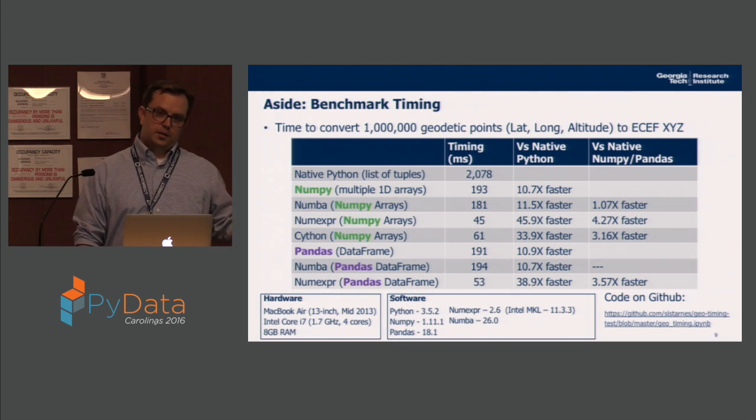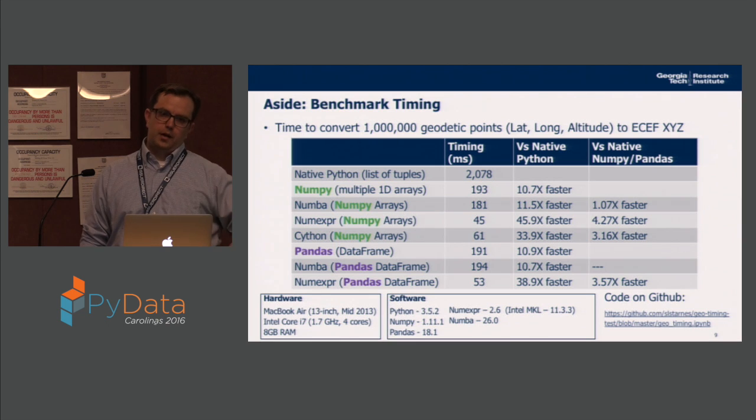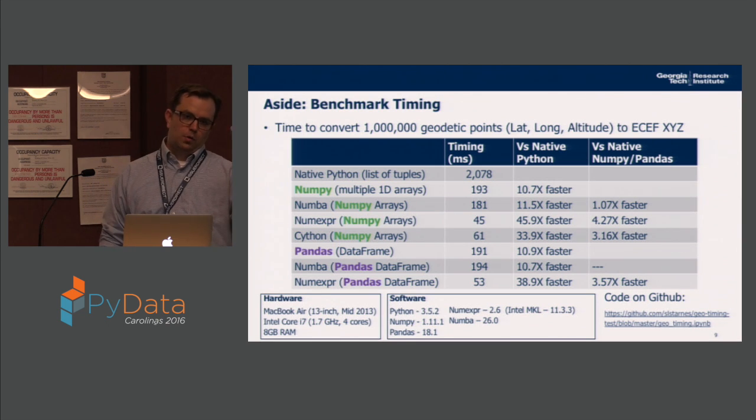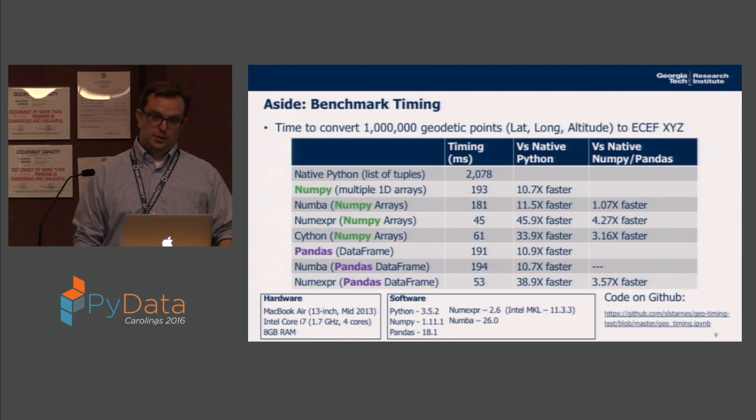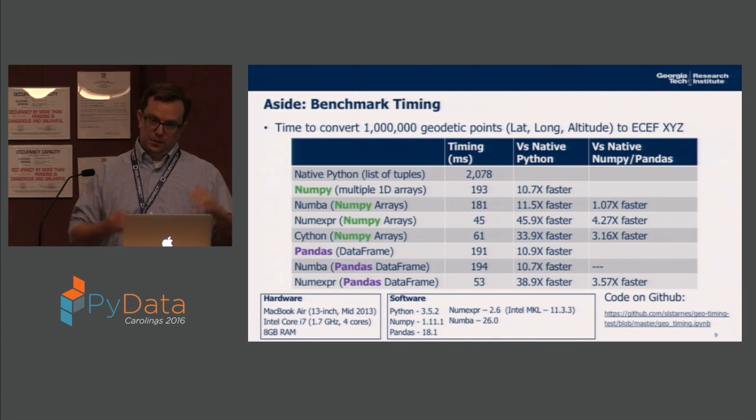What the first line is telling you is simply that I took 1,000,000 points, creating a list of 1,000,000 items where each one was a tuple with lat, long and altitude. For numpy, it was three 1D arrays: 1,000,000 latitudes, 1,000,000 longitudes, 1,000,000 altitudes. For pandas, it was a single data frame with those values.